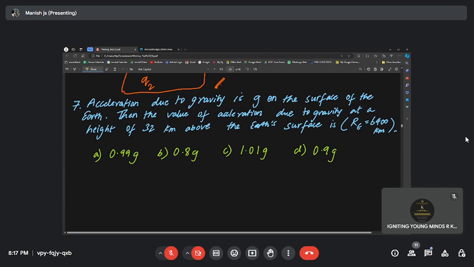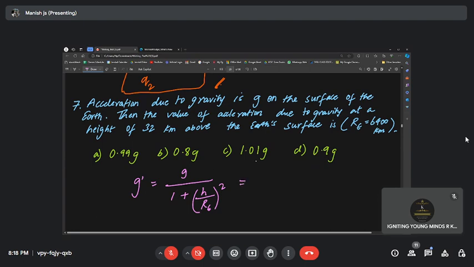Okay, now again, what's the relation? I hope you guys know the acceleration due to gravity at a height h above the surface of the earth. So we have the direct formula: g dash is equal to g upon 1 plus h upon RE the whole square. This is a simplified version of it. So here you can substitute in this formula directly.